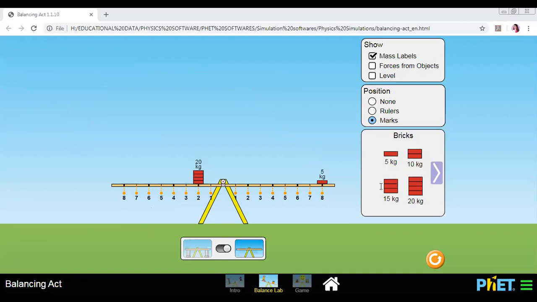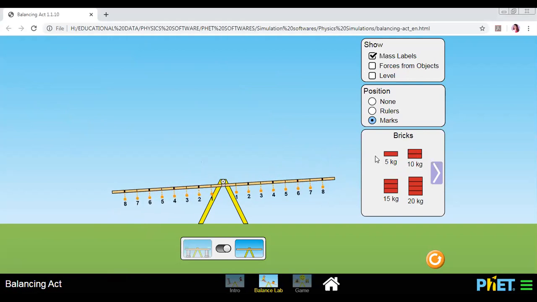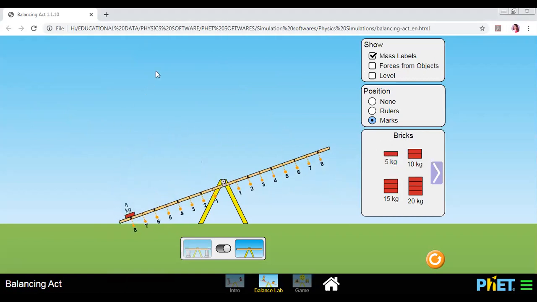I'm clearing everything. Now I'm showing you the second part. I'm keeping an object of 5 kg. Understand, this 5 kg which I have kept is the load.